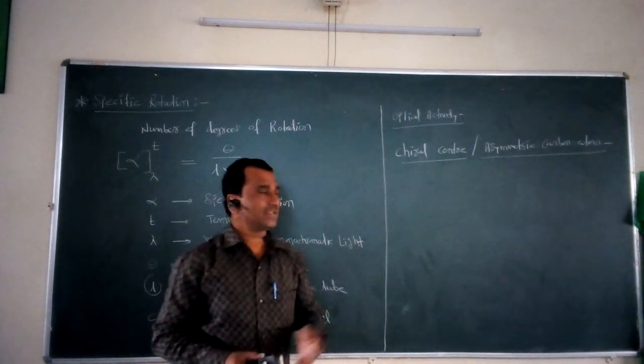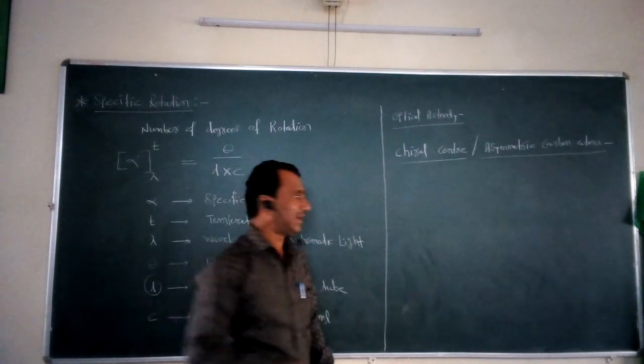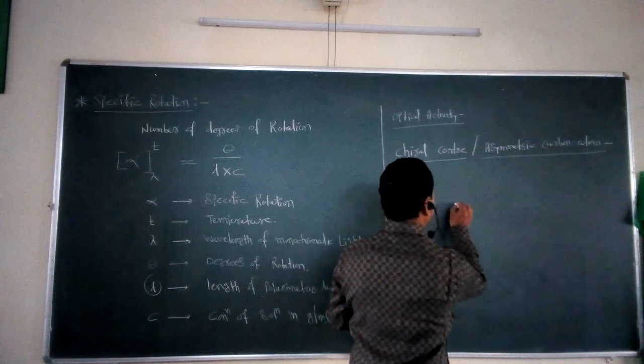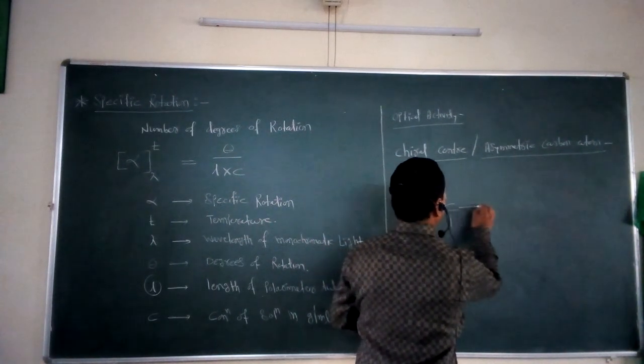As far as the chiral center or asymmetric carbon is considered, we know very well that carbon is tetravalent in nature.